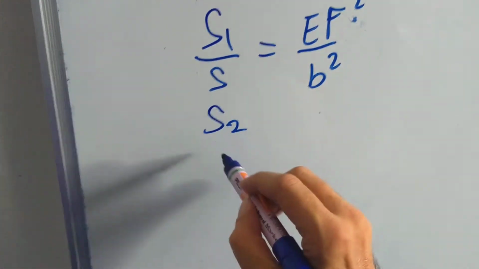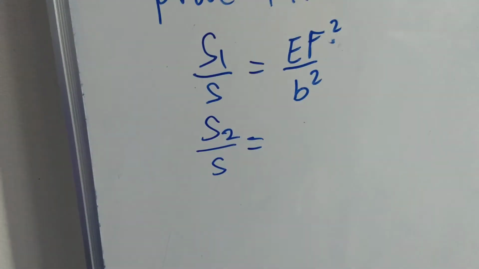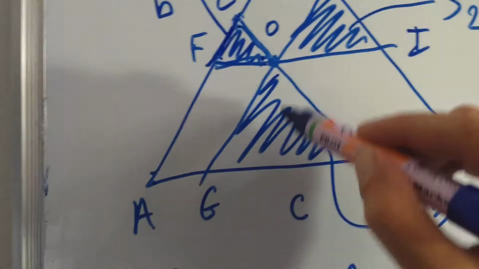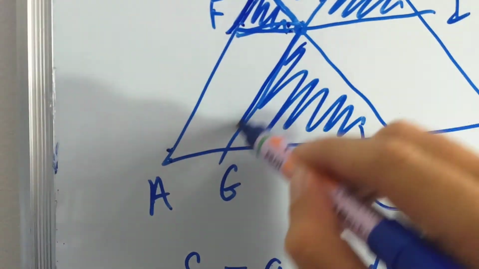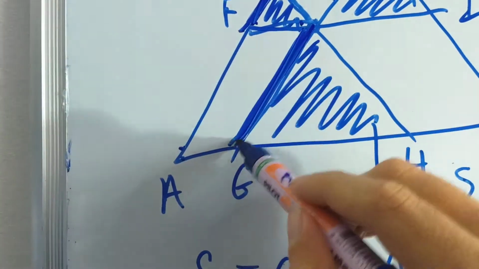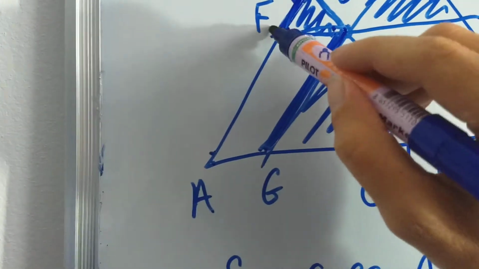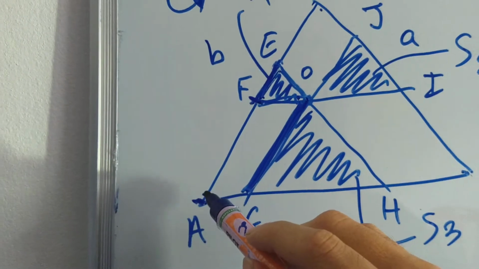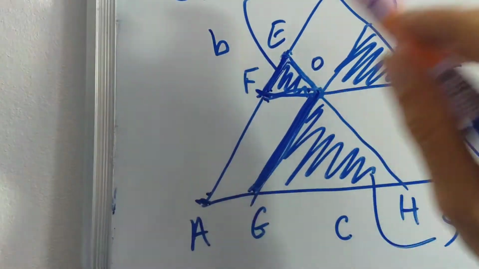Now, S2 over S, what's S2 over S? Well, I'm not going to use this side. I'm going to use this side because there's a special magic thing involved here. GO is the same as FA by properties of parallel lines. So it's AF squared over B squared.